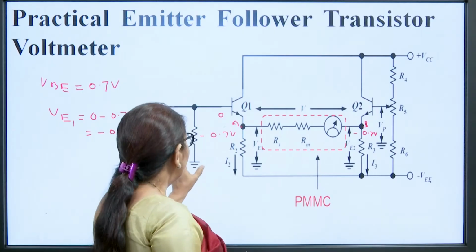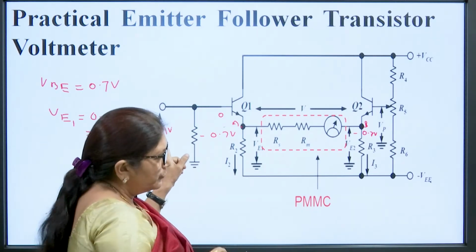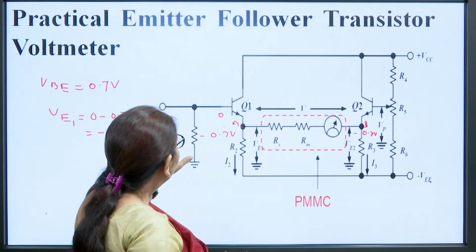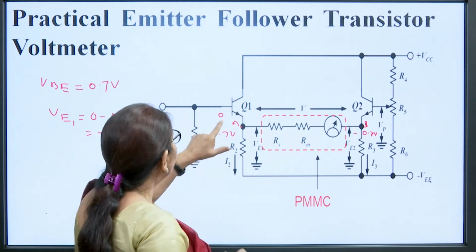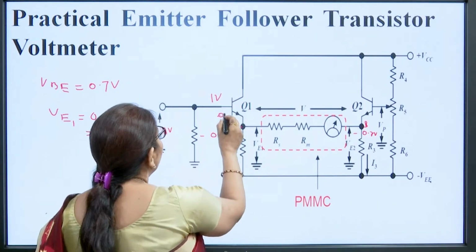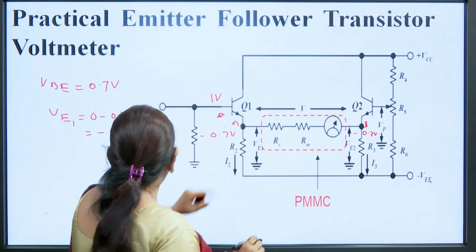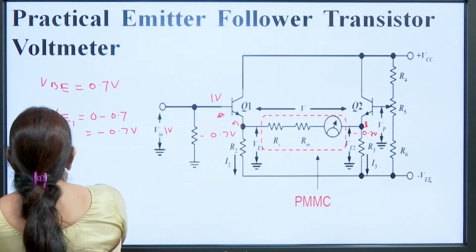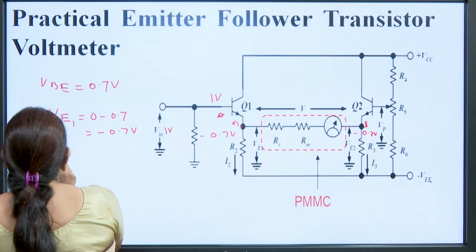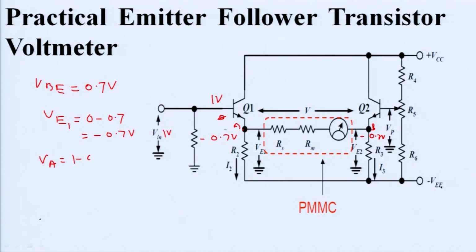Now, if we apply any voltage, suppose we are applying 1 volt at V input, then what will happen? At this point there is now 1 volt. The voltage at point A will be 1 minus 0.7 volt, that is 0.3 volt.